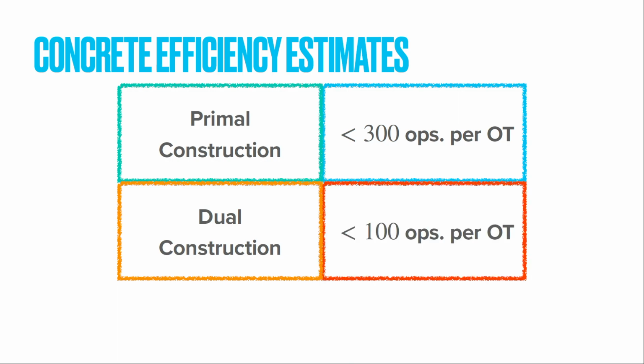These seem to allow for slightly more efficient operations, about 100 operations per OT. However, I should stress that I'm not claiming that this is concretely practical at the moment. This is still a theoretical proof of concept that it is indeed possible to generate such OTs with constant computational overhead, even in the malicious setting. Getting practically efficient protocols is an interesting future direction.